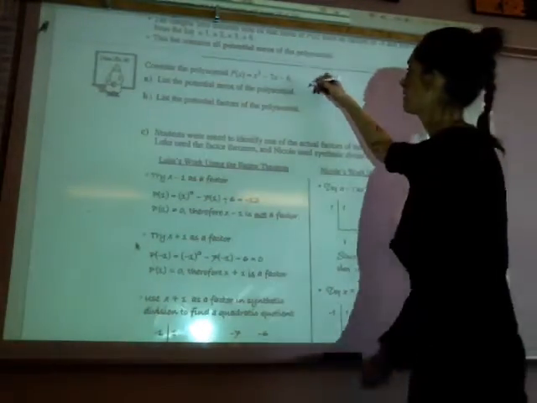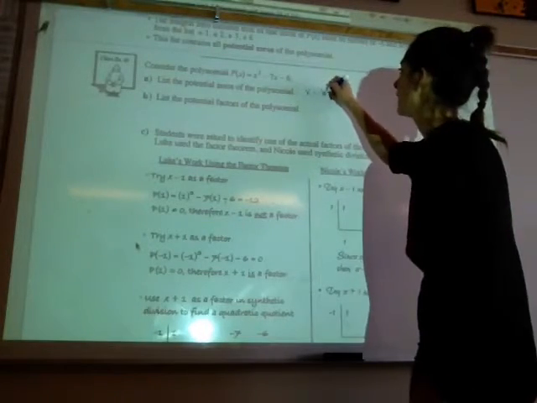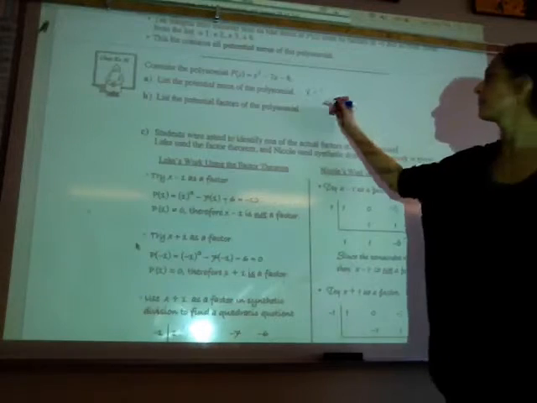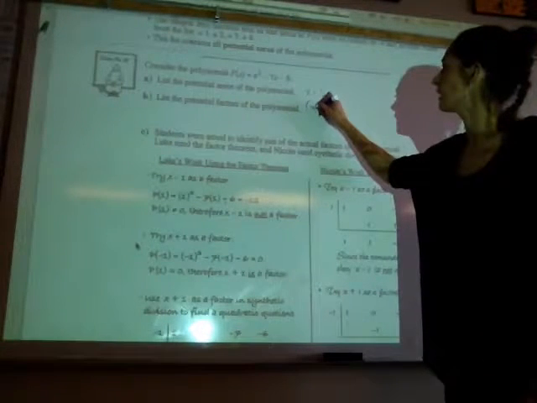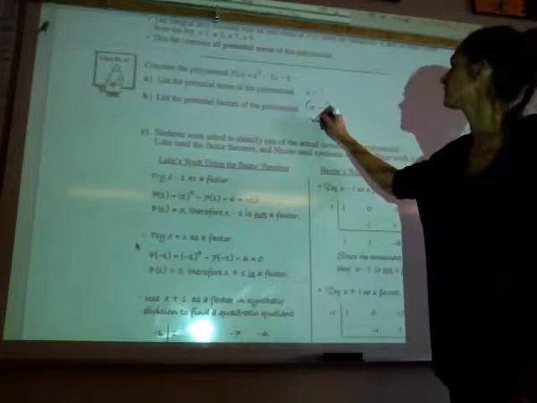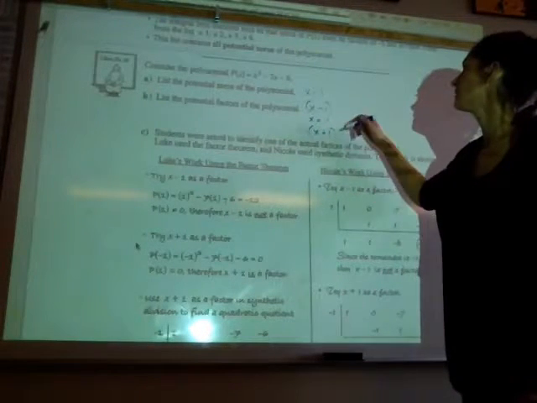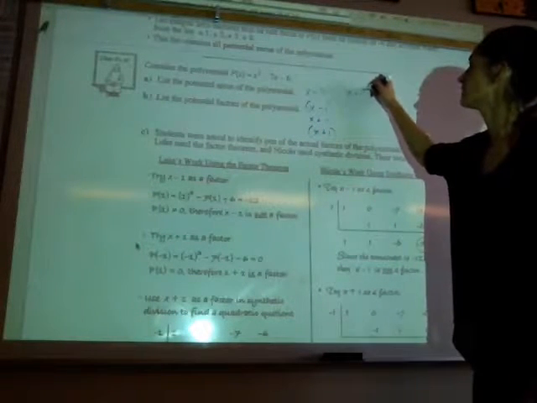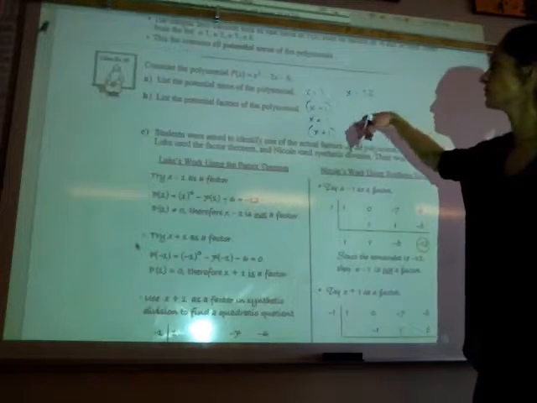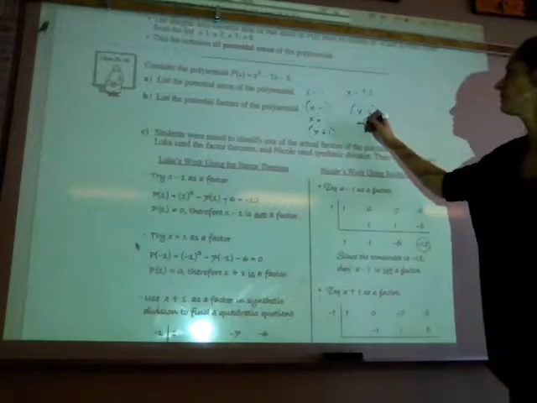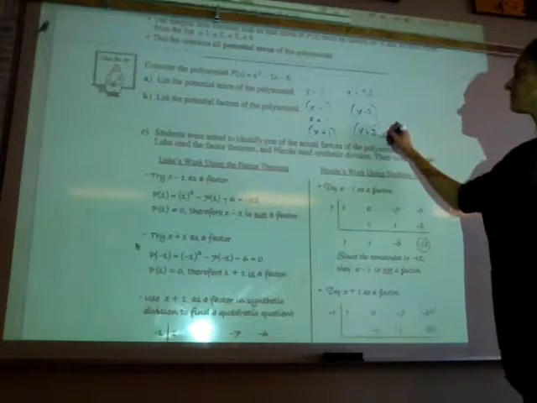So let's say we had a zero of x equals 1. What would be your binomial? X minus 1. And if x equaled negative 1, we'd have x plus 1. So let's say we had x equals positive or negative 2. We would have binomials x minus 2 and x plus 2.